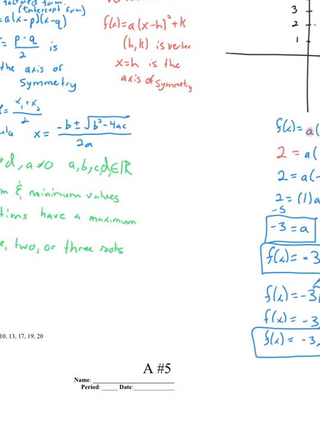So cubic functions, vertical line test, and horizontal line test. To prove it's a one-to-one function.